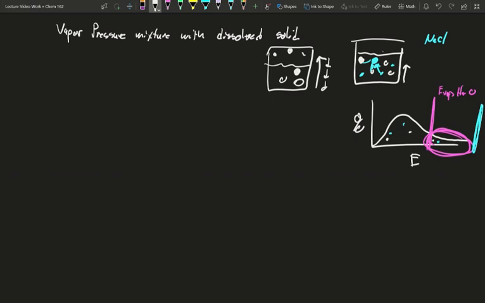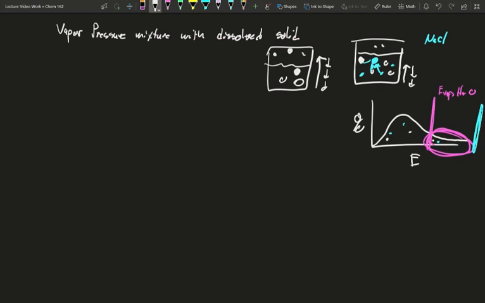However, you don't need as much in the gas phase before you cancel out the lesser leave rate of your mixture. The net result is that at the same temperature, a mixture has a lower vapor pressure than the pure liquid. The other things in solution simply inhibit water from escaping, or whatever your solvent is, and therefore less of them will escape per second. You need less pressure in the gas phase before the return rate is the same. Your vapor pressure that you will reach at equilibrium will be less.